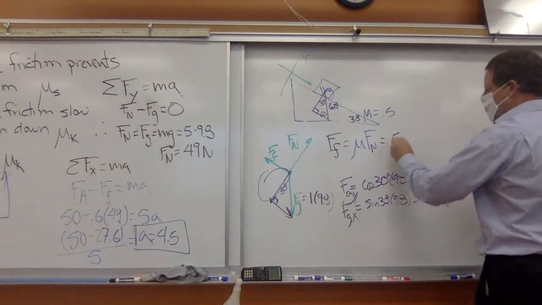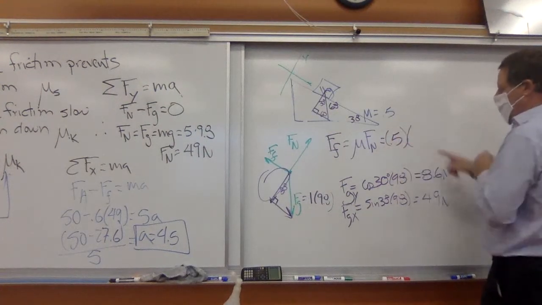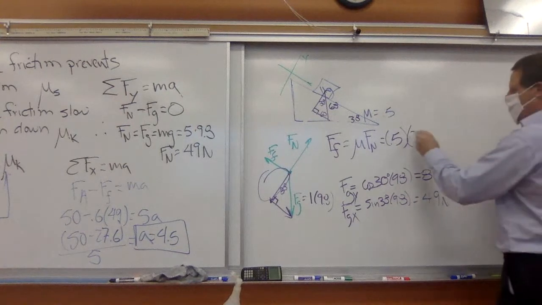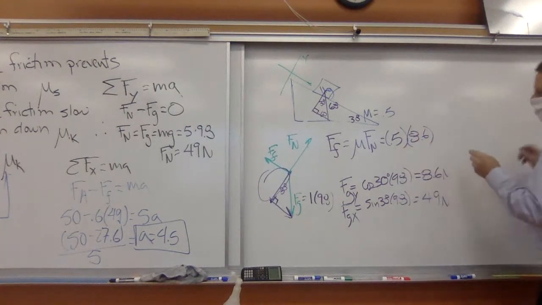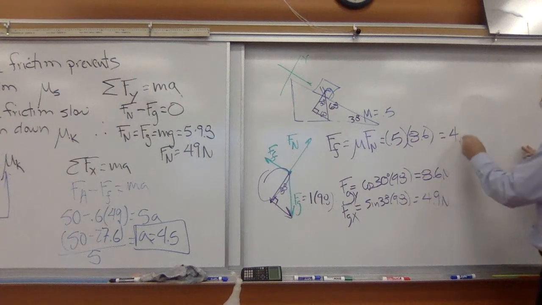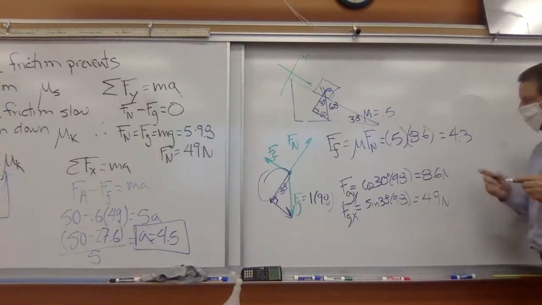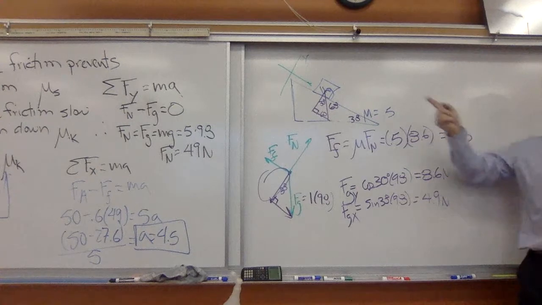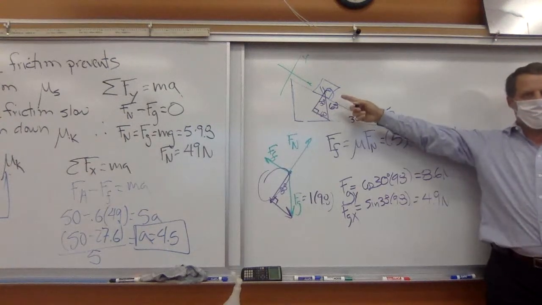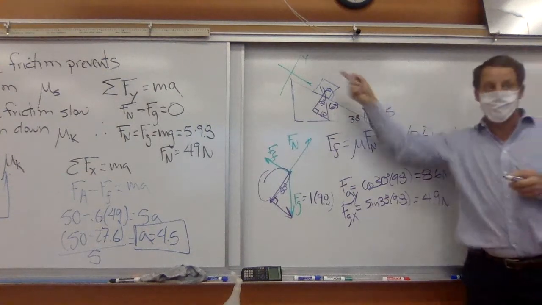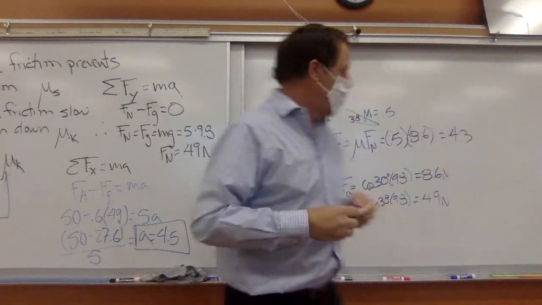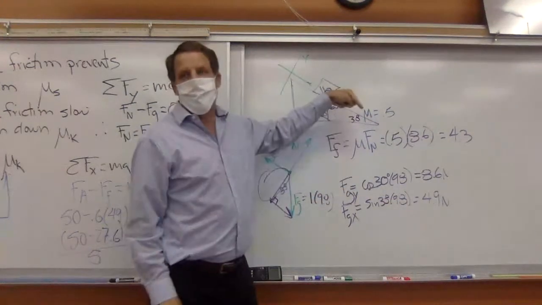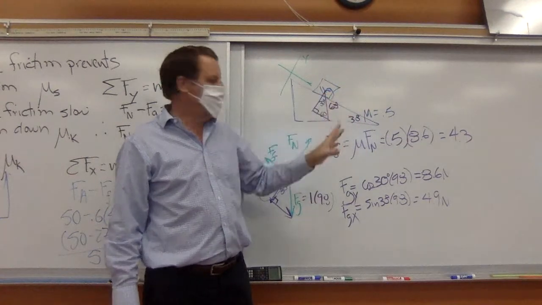Our coefficient of friction is equal to 0.5. Our normal force is 8.6. And 8.6 times 0.5 is going to be 4.3. Okay, so that means that the force of friction is going to be less going up than the gravity component coming down. So it would be sliding down the ramp.